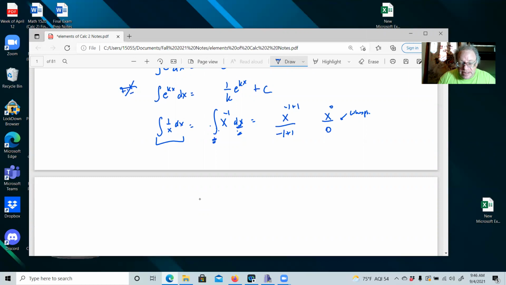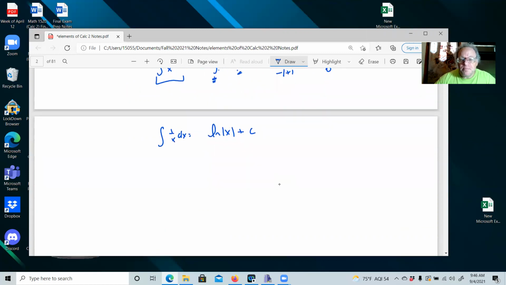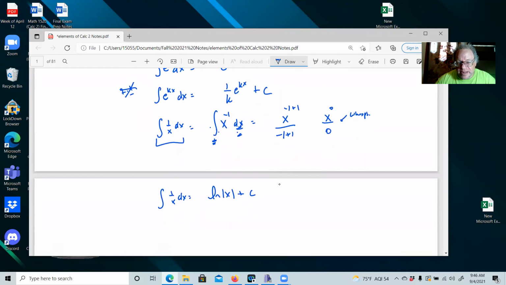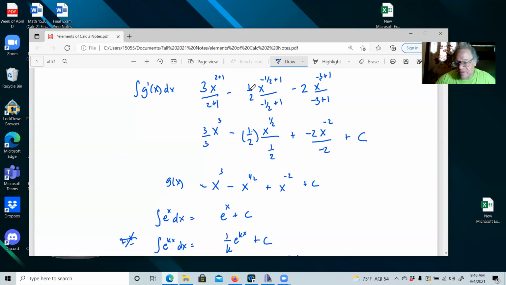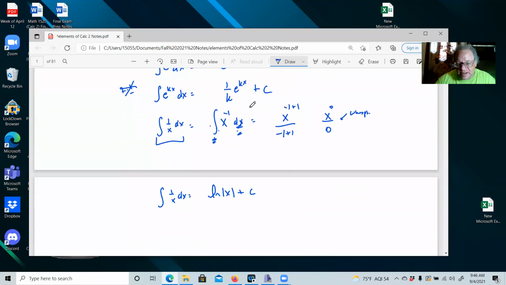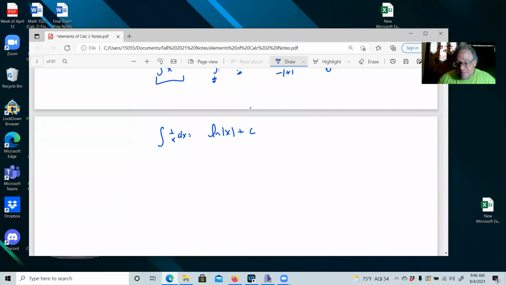And the rule is that this is equal to the natural log of the absolute value of x. So how do I use absolute values? Well, if I wanted to integrate, say, a function like this, if I wanted to integrate x squared, this is what x squared looks like.